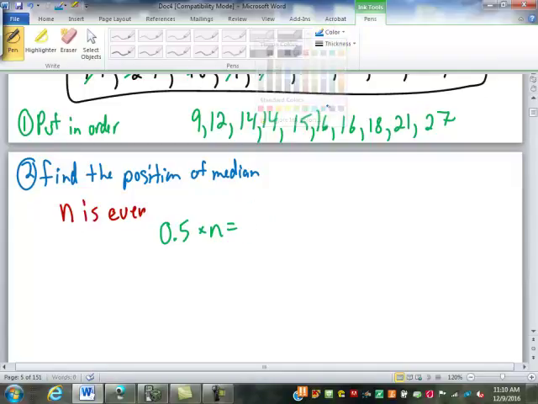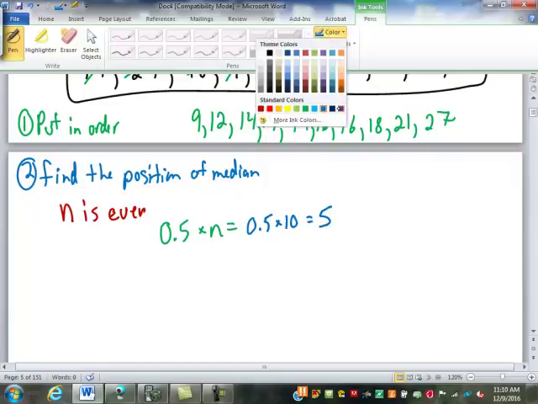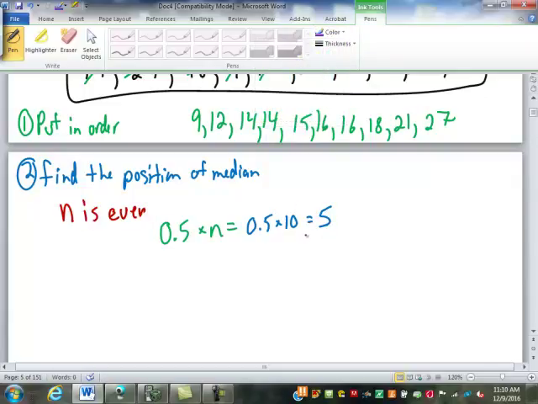So for this case, it is 0.5 times 10. We get a number which is 5. If n is even, of course, this will be a whole number.